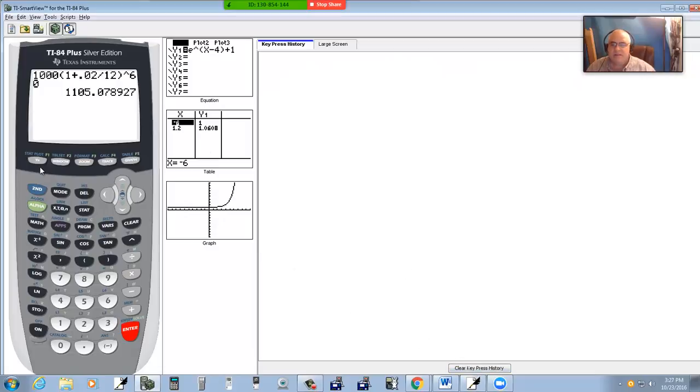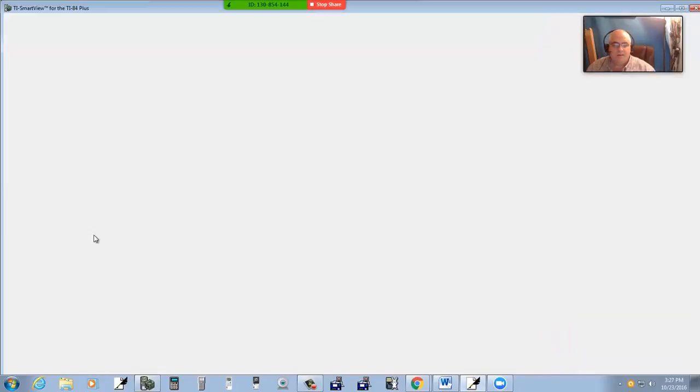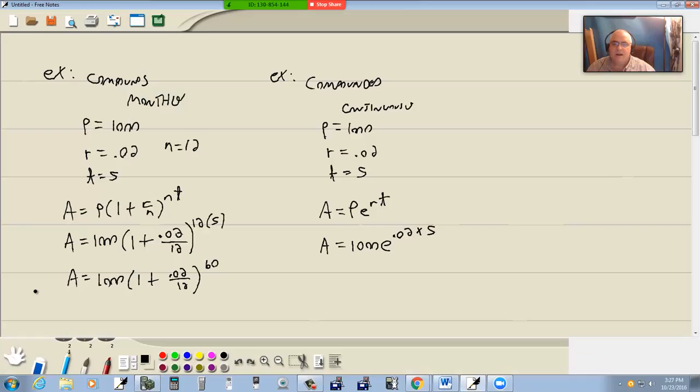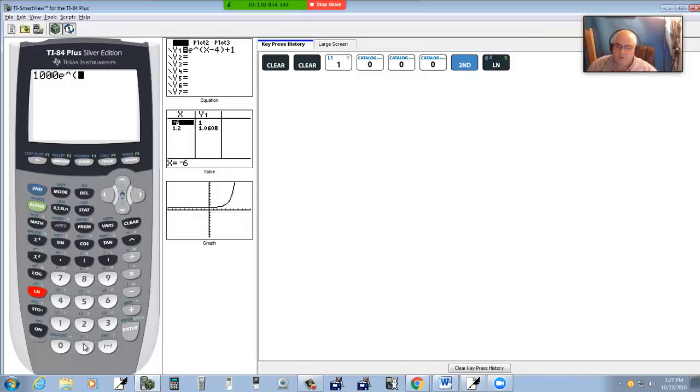So if I go to my calculator, I'll clear that off. We got 1,000 E. So we do second ln, and then 0.02 times 5. You want to make sure when you plug this one in, you do not put any extra parentheses in there.